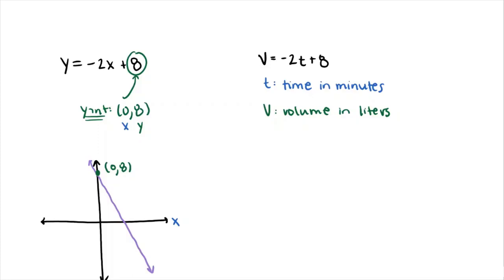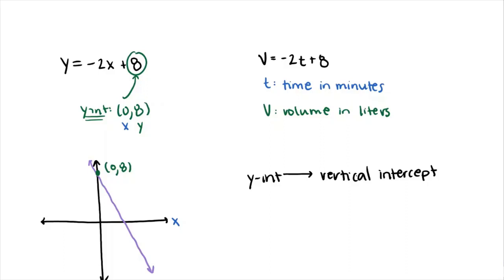It's the same thing, it's just that the vertical axis in these situations might not correspond to a y variable. We might give it a different variable name, and so I'm just going to say more generically, the vertical intercept of our line corresponds to where the line crosses the vertical axis, the axis going up and down.